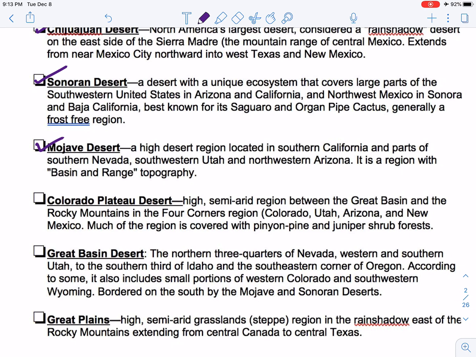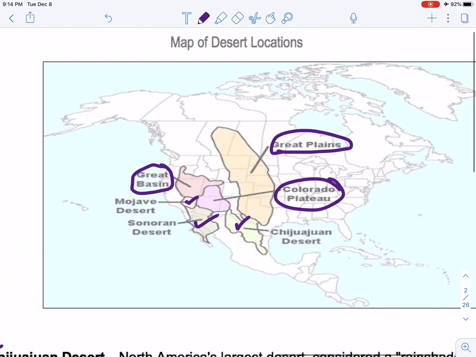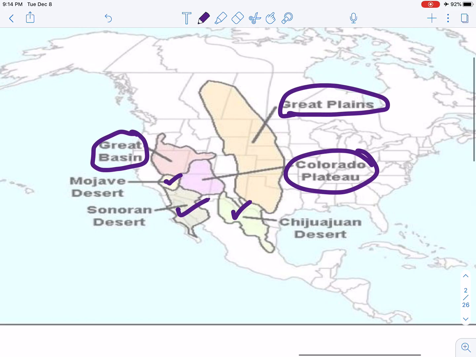The Colorado Plateau Desert, a high, semi-arid region between the Great Basin and the Rocky Mountains in the Four Corners region: Colorado, Utah, Arizona, and New Mexico. Much of the region is covered by pinyon pine and juniper shrub forests. All right, so that's the Colorado Plateau.